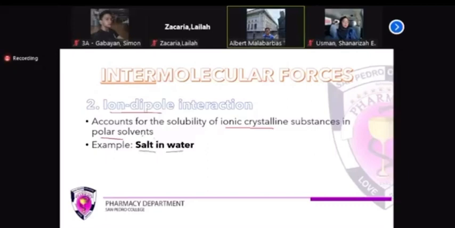This represents the ionic crystalline substance, NaCl, dissolved in a polar solvent, water. It's an example of an ion-dipole interaction. That is it for the second type of intermolecular force.